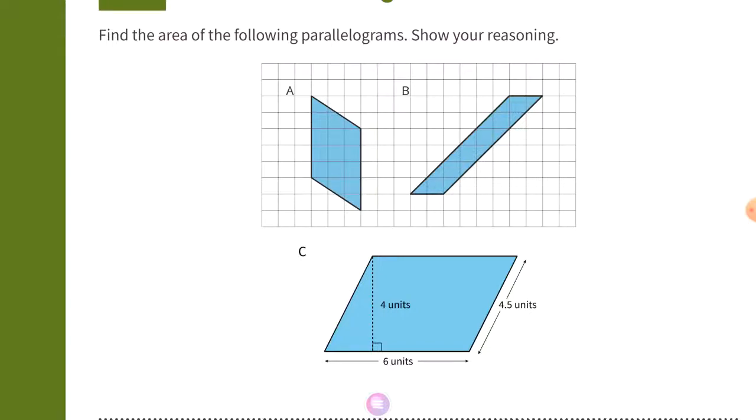So the other thing we could have done, and again, even though that way was long, it typically makes sense. I could get rid of that piece and add it on there. I could get rid of this piece and add it on there. So now I have 4 by 4. I could get rid of that piece and add it on there. I could get rid of that piece and add it on here.